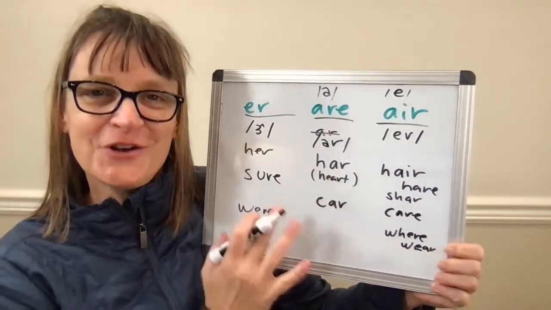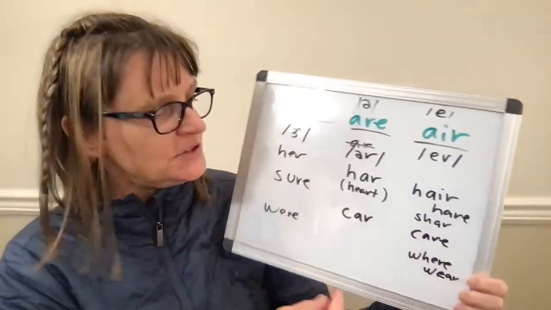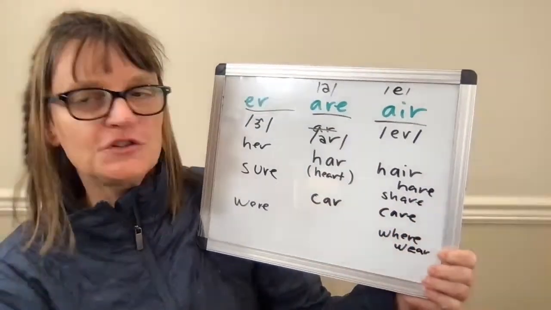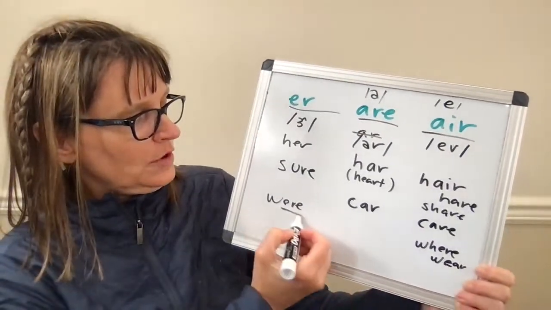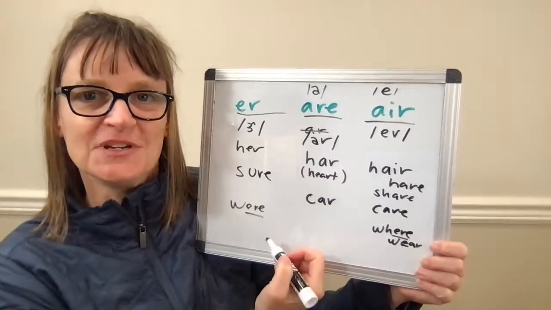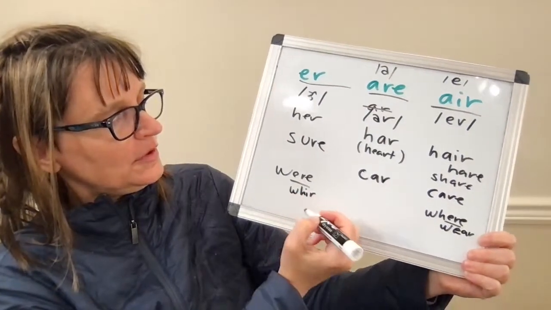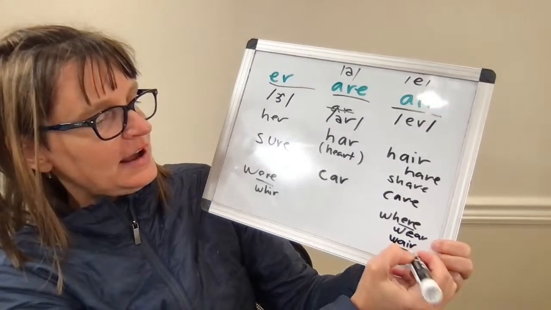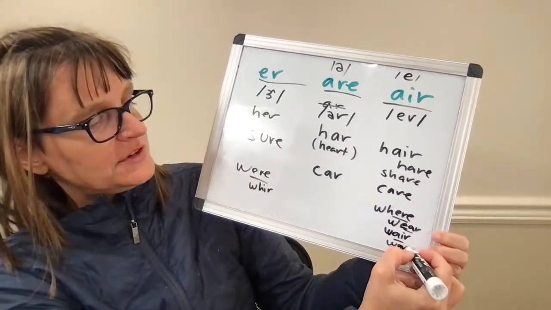Becoming aware too and knowing what vowel you're trying to say by being able to look up the word in the dictionary, because you can see from the spelling here, we don't have super consistent ways of spelling it. If I see ERE in were and in where, it's hard for me to visually see that those two should be different. So you may want to rewrite them thinking about like were with IR or UR and where with an AIR.